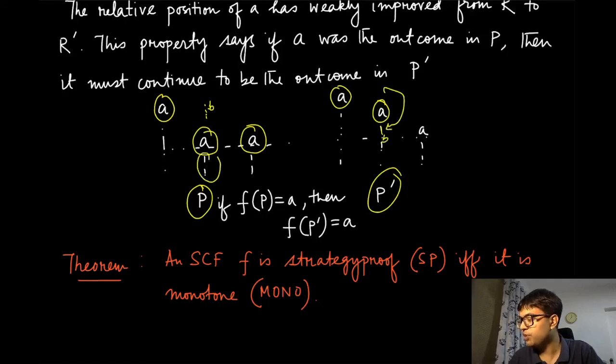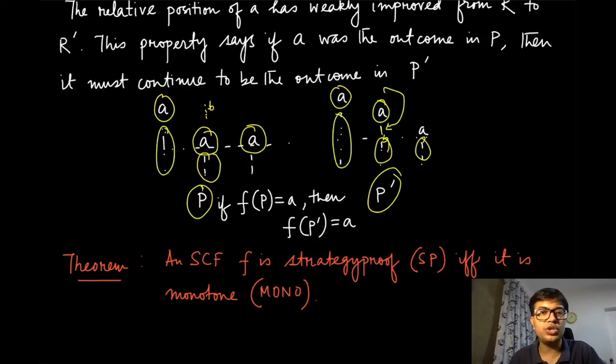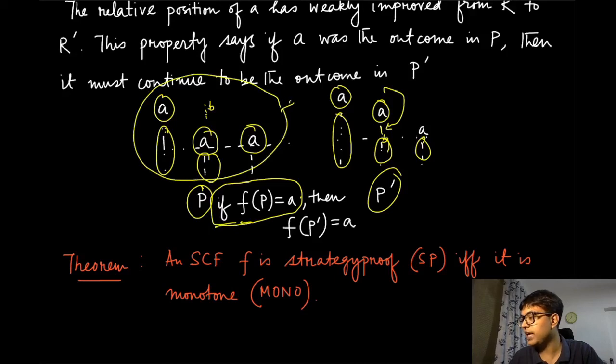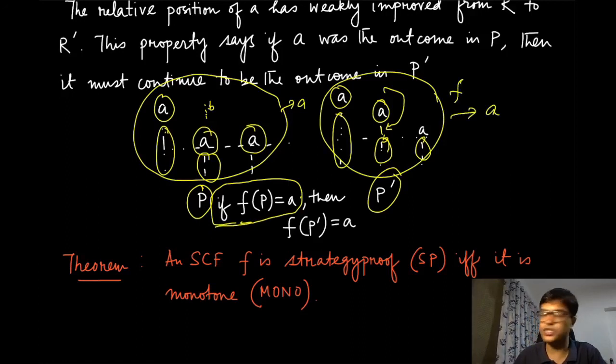All the alternatives which were below A still remain below A, and similarly for all the agents. But possibly some new alternatives are also coming below it. So A's relative position is weakly increasing. Monotonicity is essentially saying this: if f of P was A, then here also you should have A as your outcome. If you apply f to it, it should output A, and that is monotonicity.